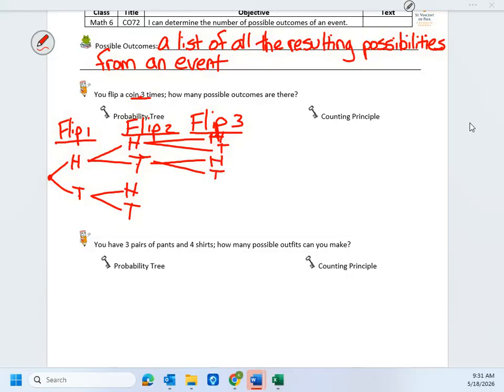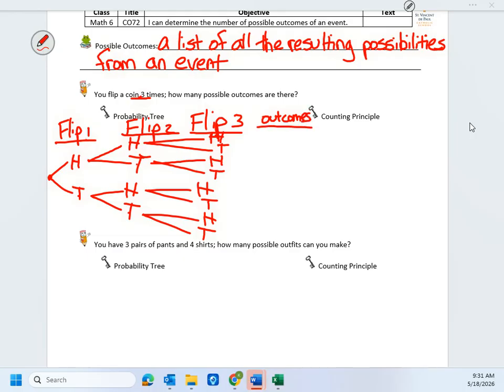If I flipped tails and then heads, I could get heads or tails. And if I flipped tails, tails, third flip, I could get heads or tails. So I have 3 events because I had 3 flips, 3 actions I was doing. I can now write down all of my outcomes.